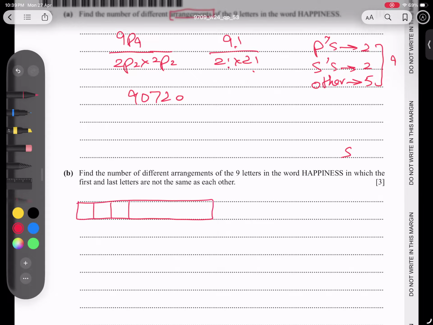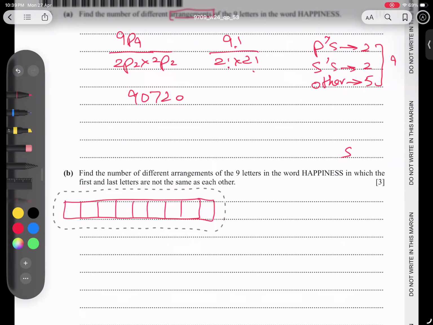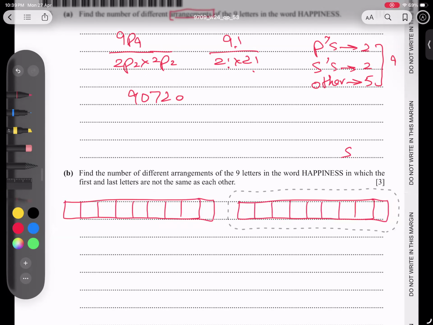1, 2, 3, 4, 5, 6, 7, and one more: 1, 2, 3, 4, 5, 6, 7, 8, 9. Okay, students, clear? I copy and paste. So first is a P, last also P, and the same for S, and we add them.